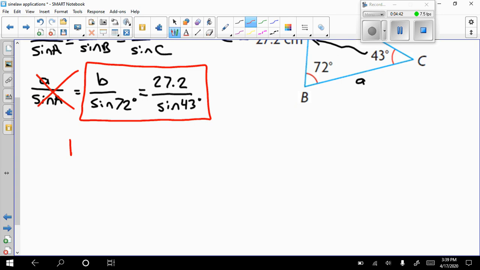So I'm going to rewrite it on its own: B over sine of 72 is equal to 27.2 over sine of 43. Okay, so I want to get B.